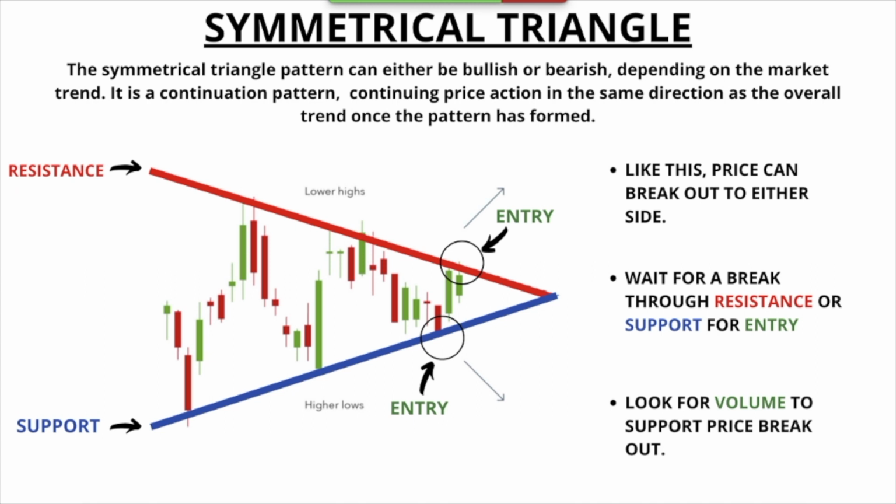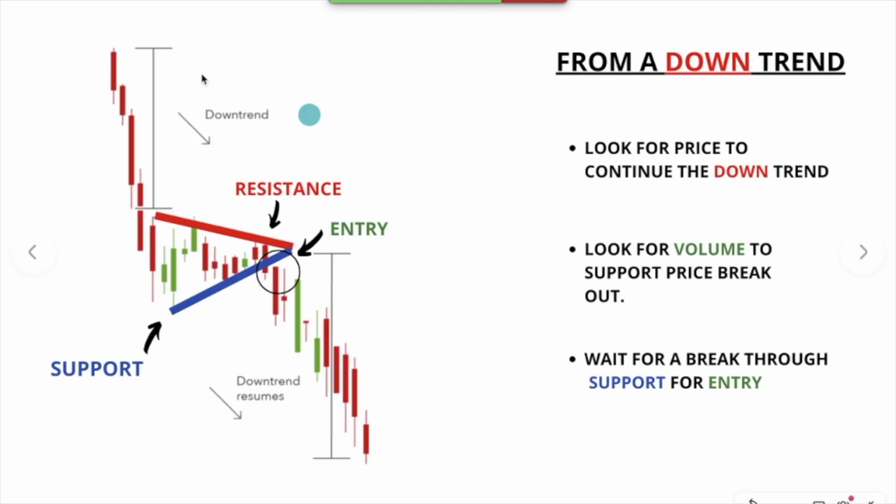So it's pretty neutral, right? But you have a second example of a downtrend, where it becomes a continuation pattern, where price was falling, entered the symmetrical triangle, only to continue breaking down.